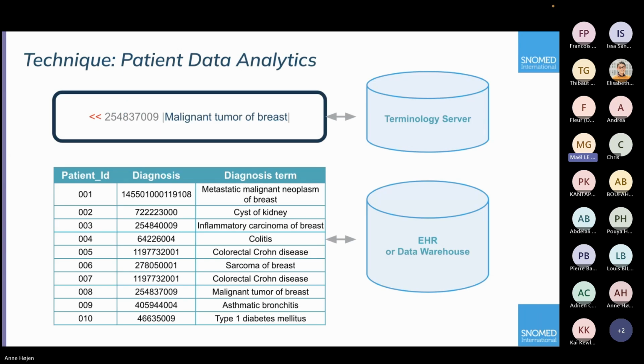But this shows the technique of doing patient analytics. You have a terminology server with SNOMED supporting ECL, and then you have a separate data store with your patient data. You execute an expression constraint against a certain substrate on your terminology server, and that produces an expansion.